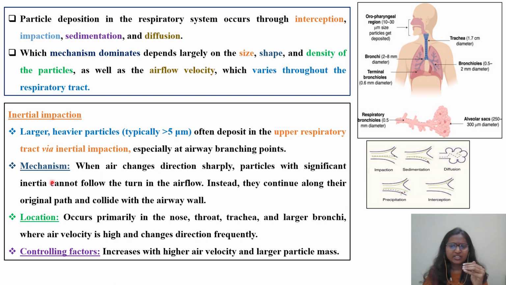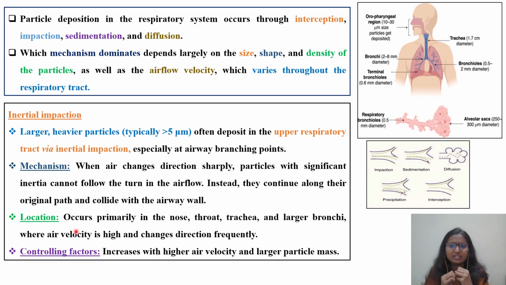Let's understand the mechanism. When air changes direction sharply, particles with significant inertia cannot follow the turn in the airflow. Instead, they continue along their original path and collide with the airway wall.